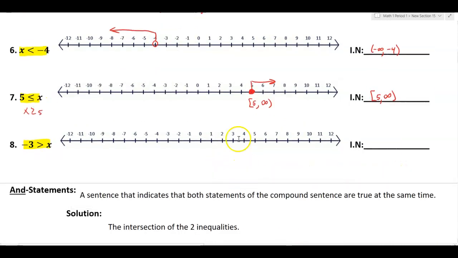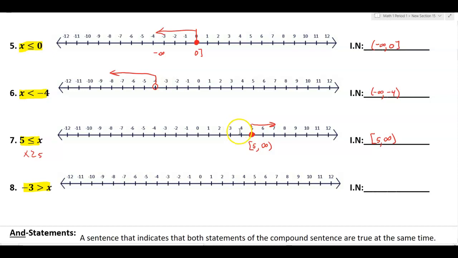And the last one, again, if we were to rewrite this as x is less than negative 3. And notice when I rewrite this, the inequality here is eating the negative 3. When I rewrite it, I keep it eating negative 3. So we now read that as from the variable to the number, x is less than negative 3.